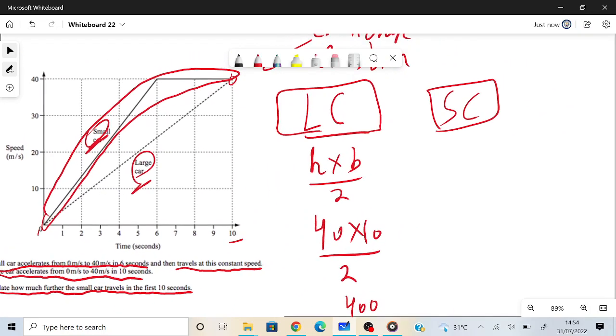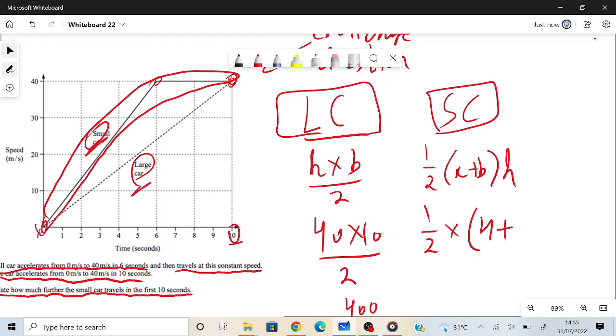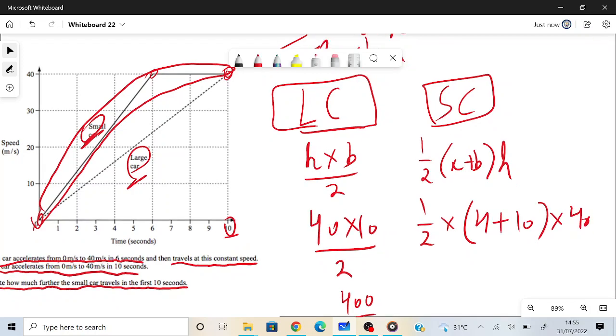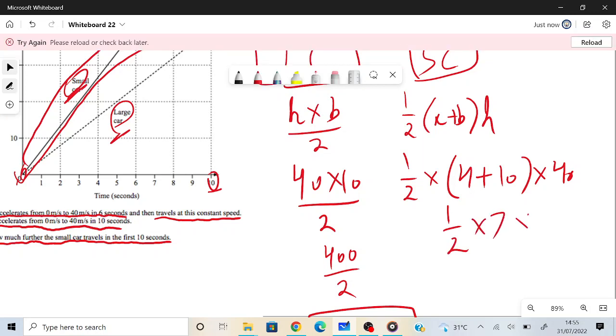We know for a trapezium, the formula to find the area is half times (A plus B) times H. So A, that's from here to here, that should be 4, and B, that should be from here to here, that's 10, times the height, which is 40.